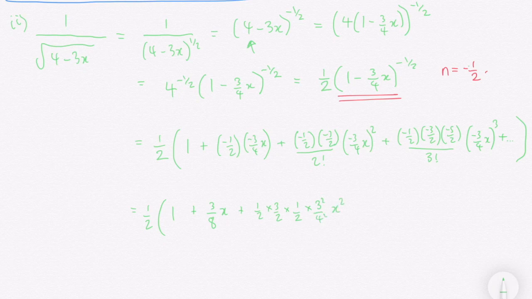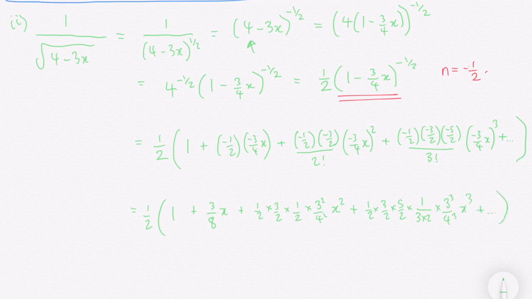Here we actually have 6 negatives being multiplied, so this is going to be positive, and we have a half times 3/2 times 5/2 times 1 over 3 factorial, which is 1 over 3 times 2, times 3 cubed over 4 cubed, lots of x cubed.